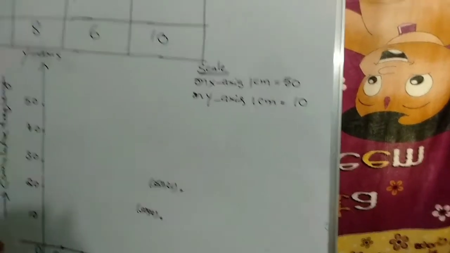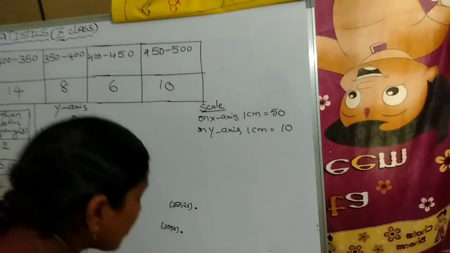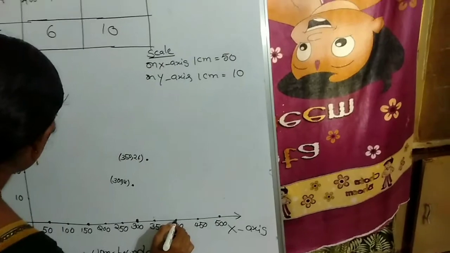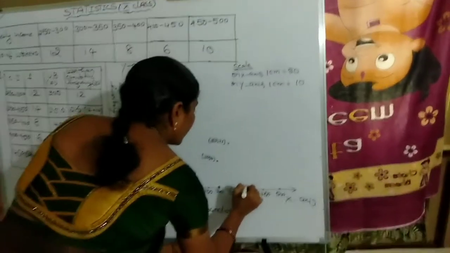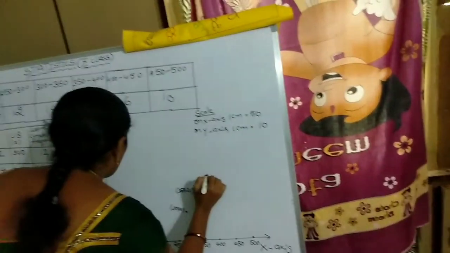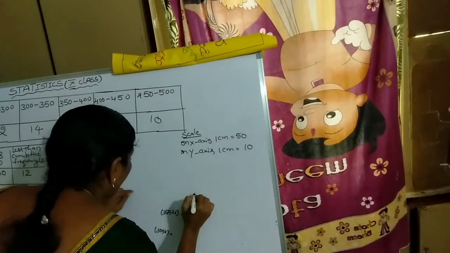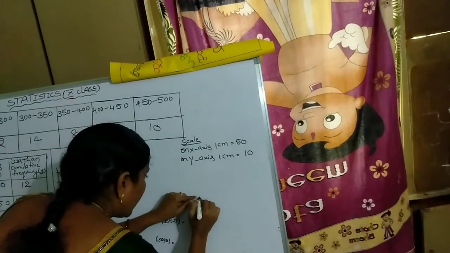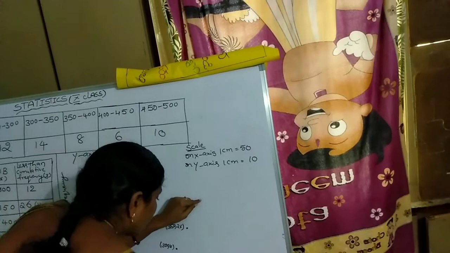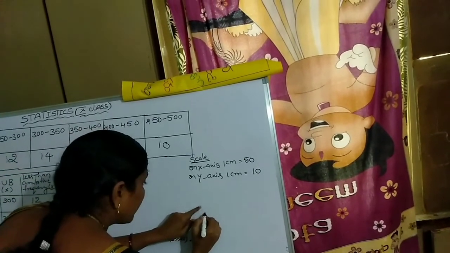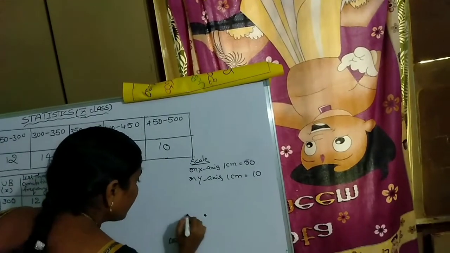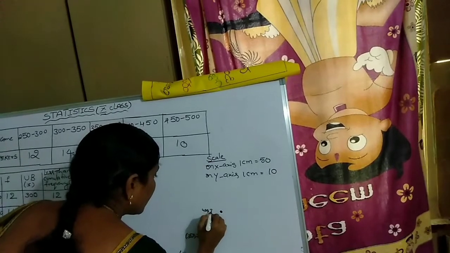And the next point, 400 to 34. 400 on the x coordinate, 34 on the y coordinate. 400 is here and 34 is here. This is 400 to 34.